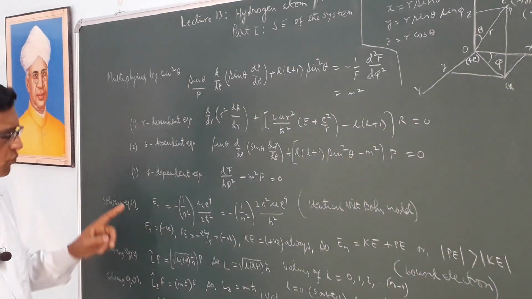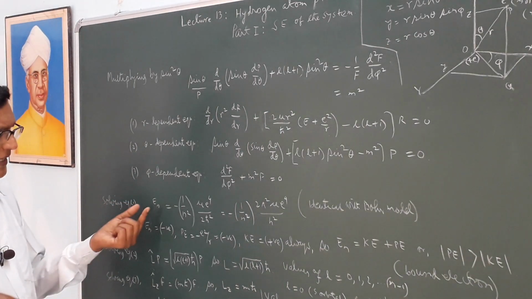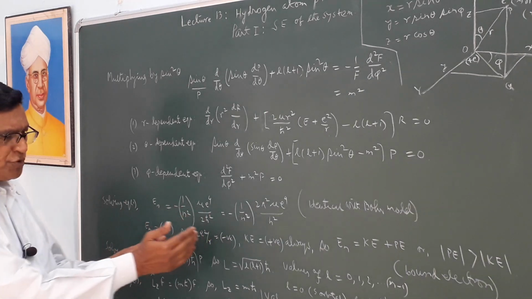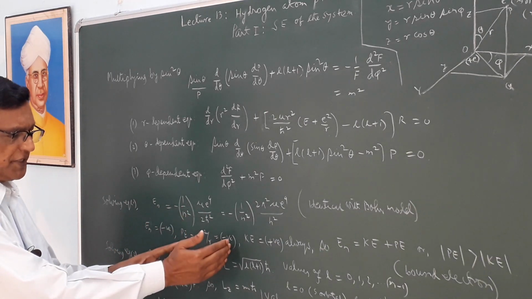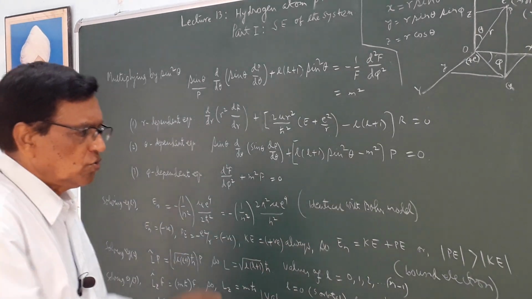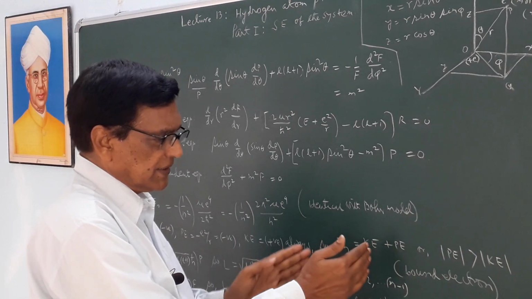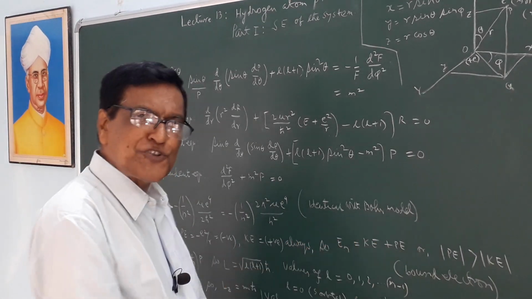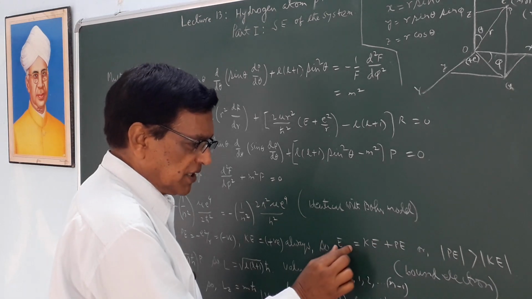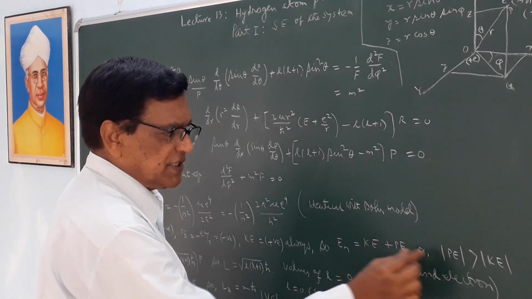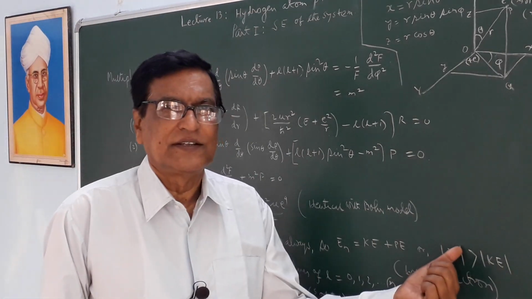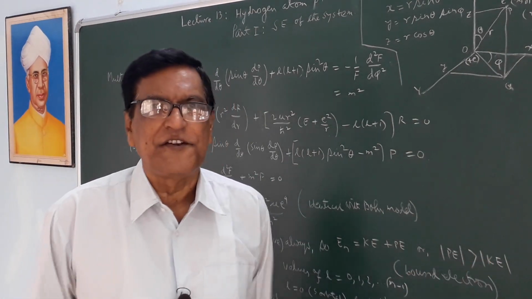Again, I mention one important point. The total energy is negative. Potential energy is also negative. Kinetic energy is always positive. So the total energy is the sum of kinetic energy plus potential energy. The potential energy is negative, the kinetic energy is positive, but the total energy is negative. So the magnitude of the potential energy is greater than the magnitude of the kinetic energy.